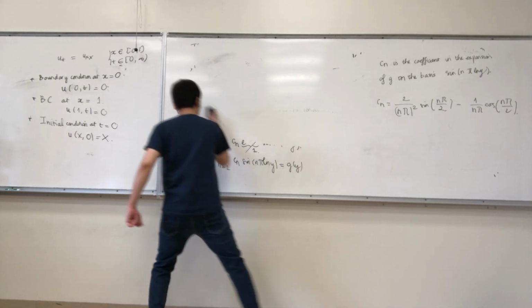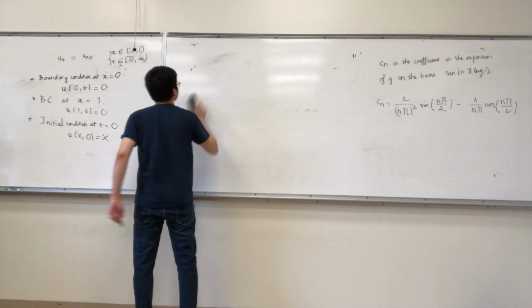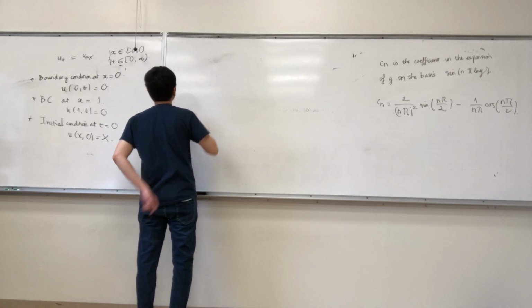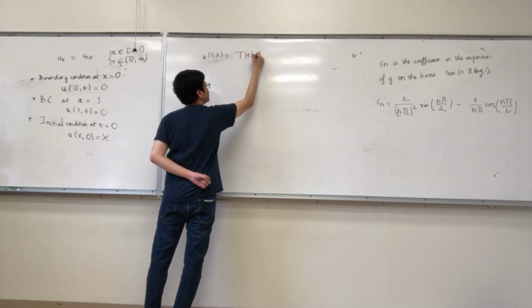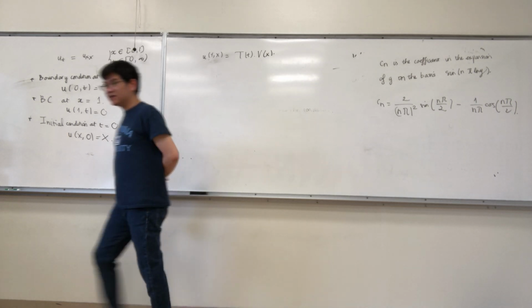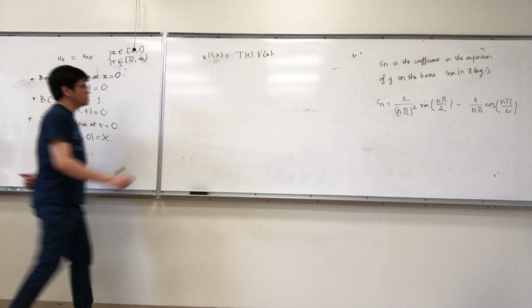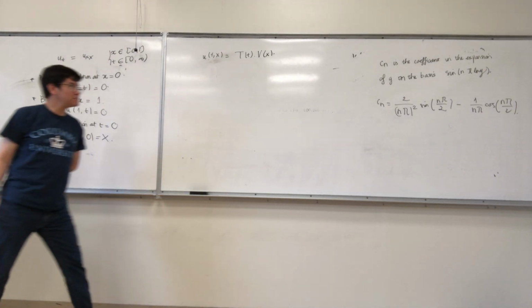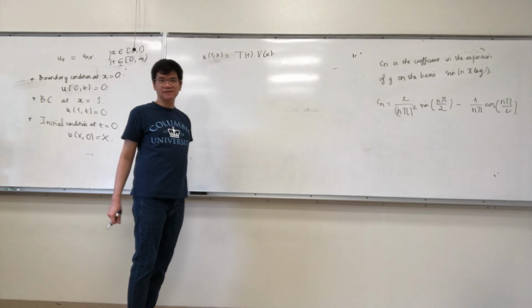The form is a little bit different, but the previous equation and this equation are the same. You're going to have u(x,t) equal to T(t) times V(x). It's going to be the same ideas, so you do the same thing as for the previous equation.